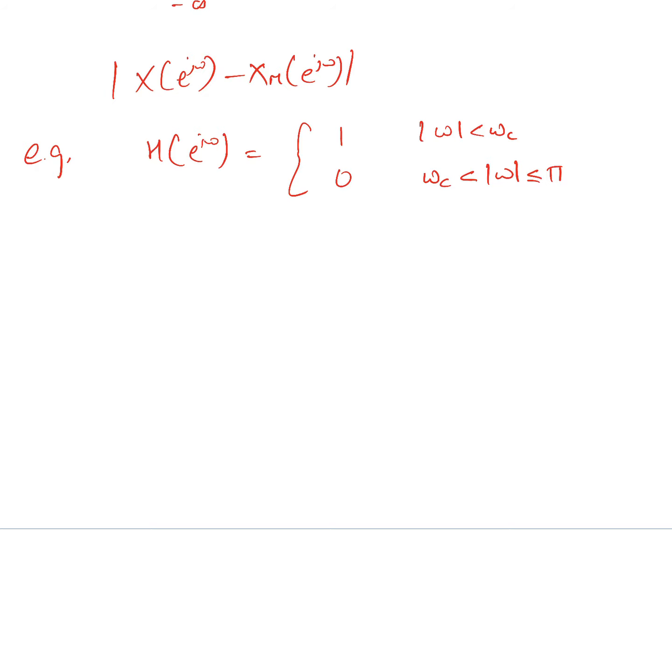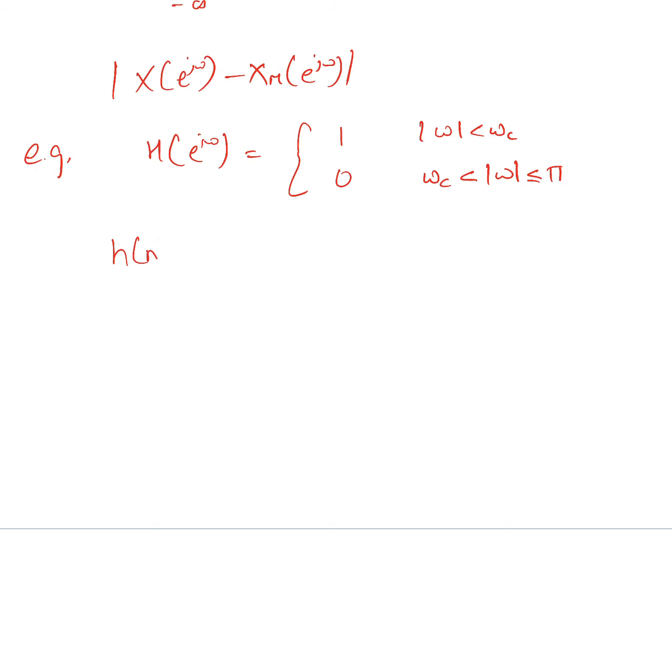It is obvious there is a periodicity of 2 pi. Some of you may notice that this is the frequency domain representation of a low pass filter, right? But we shall come to this aspect later on. Let's see how we compute h of n.